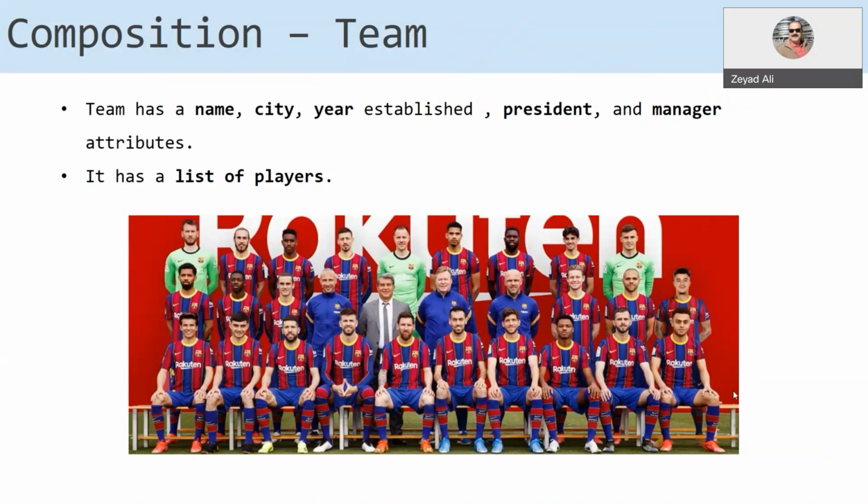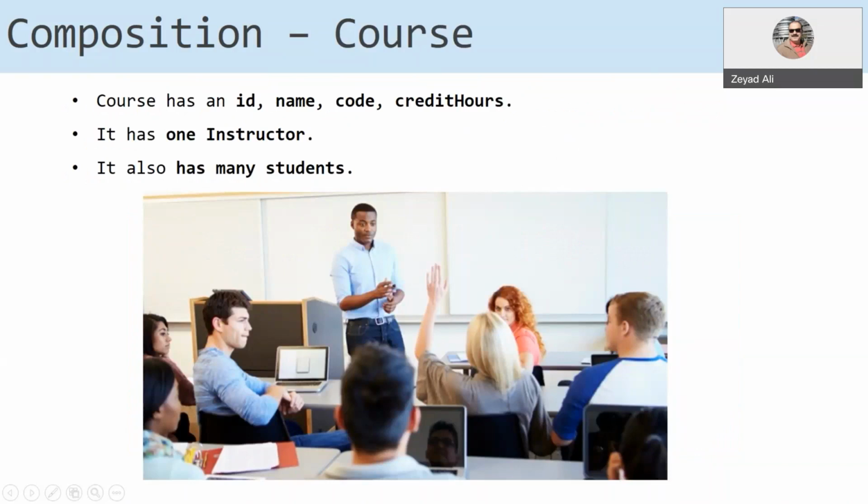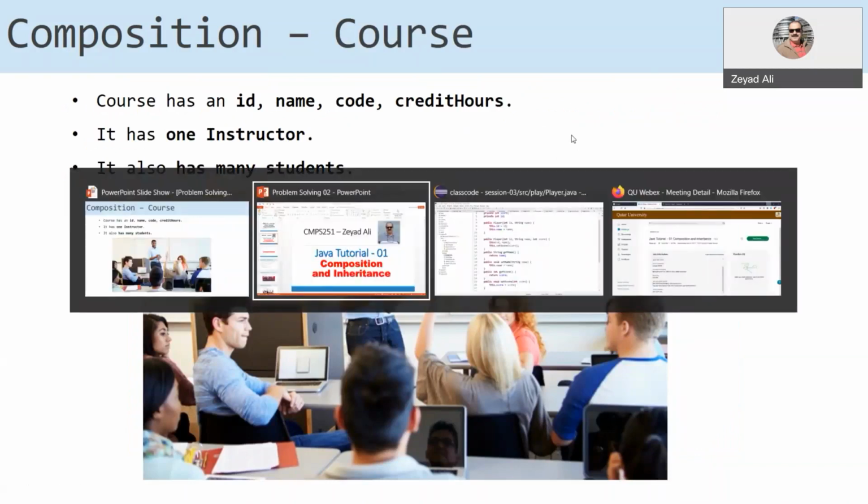So in this example, we have a player class to represent data about each player in the team. But a team naturally has a list of players, not only one. A team also has a president and manager, and in the first example, we will just use their names, not separate classes. So let's go to the code and see what we can do.